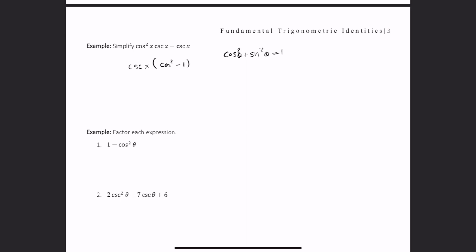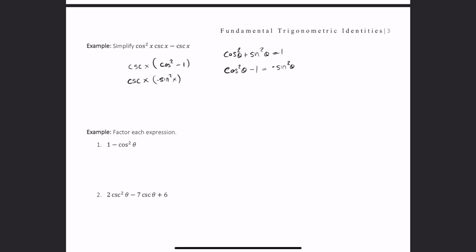If we rearrange this, we get that cosine squared theta minus 1 equals negative sine squared theta. And we can use this right here for this term. So we can replace that with negative sine squared x, so cosecant x times negative sine squared x, like so.